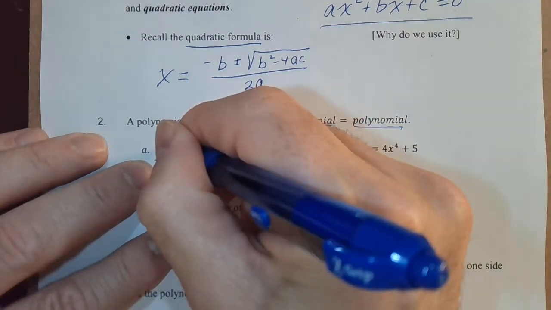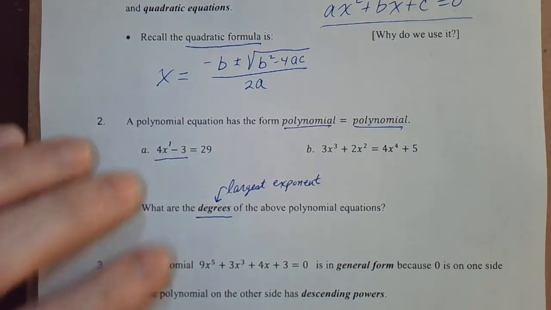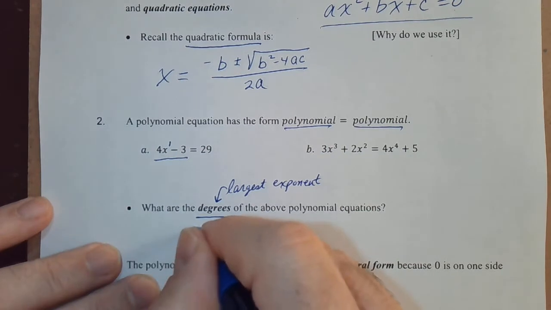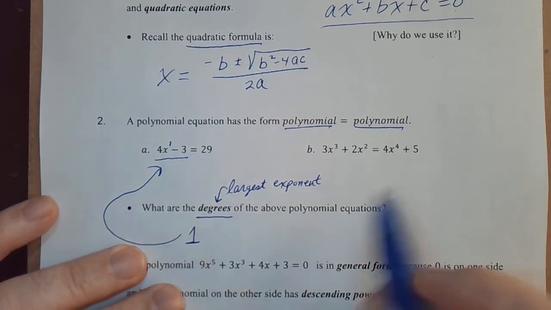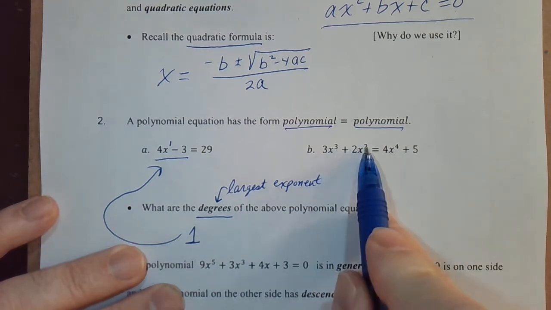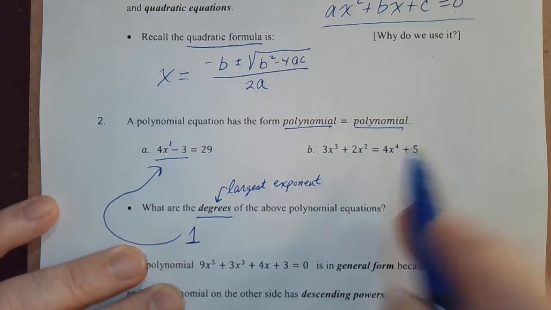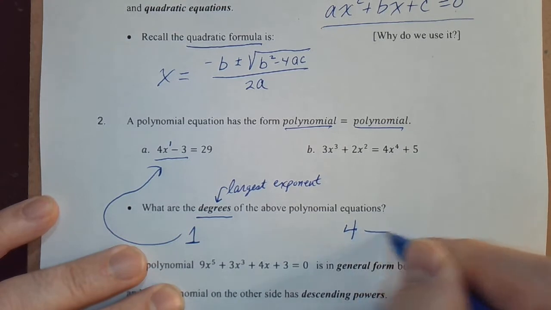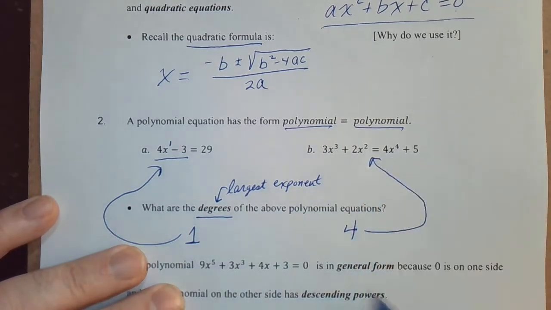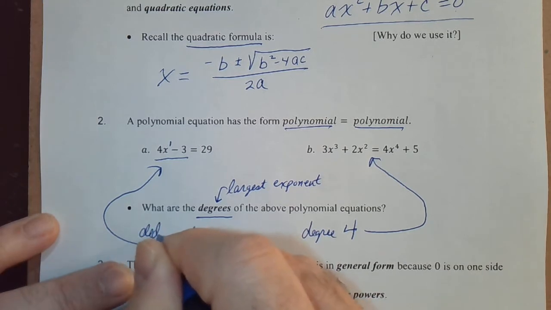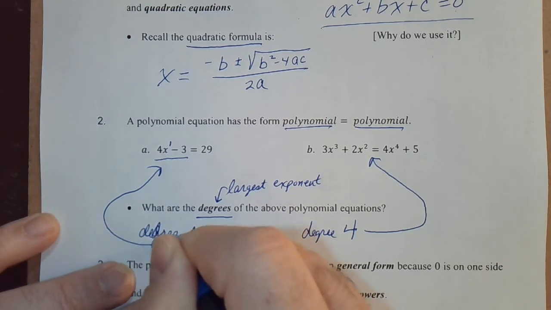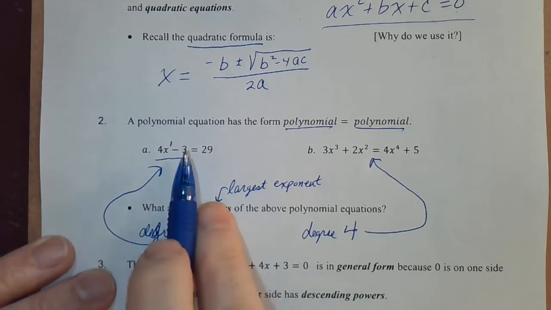The implied exponent of that x is 1. So it would be a 1 for that equation. And over here, we get a 3 here, a 2 here, a 4 here. So it looks like it's going to be a 4. Degree 4. And degree 1 for this one.